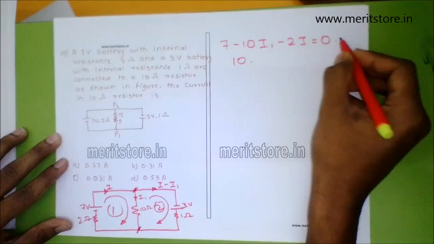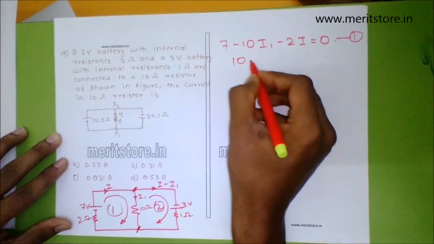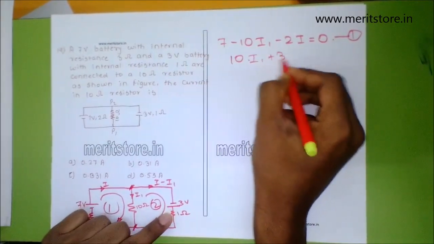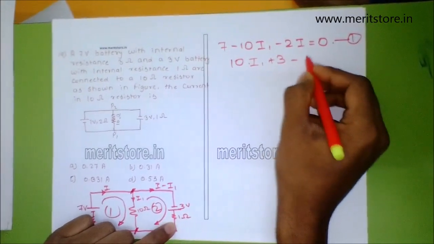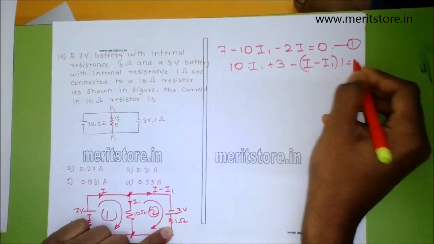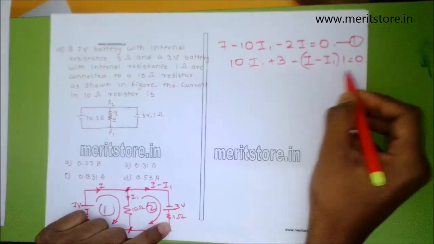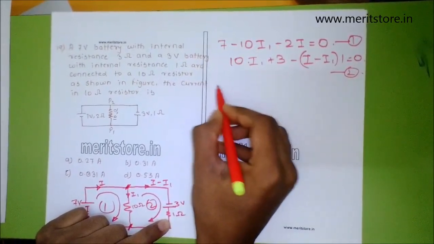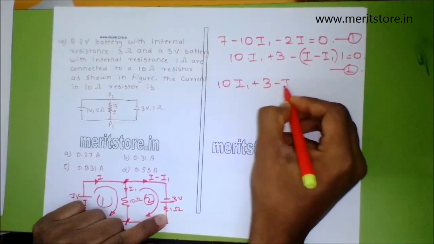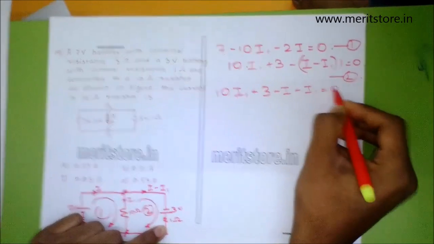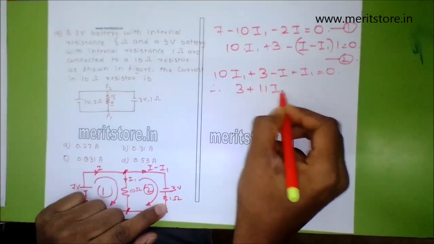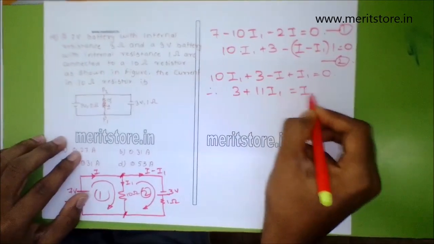Therefore, we would get a positive value 10 into I1 plus 3 minus (I minus I1) into 1 ohm is equal to 0. This is the second equation. So this can be written as 10 I1 plus 3 minus I plus I1 is equal to 0. 3 plus 11 I1 is equal to I.